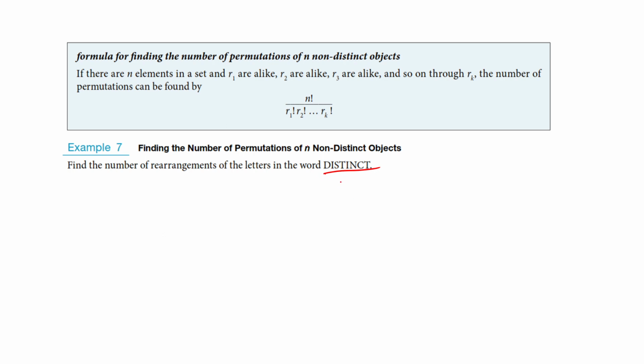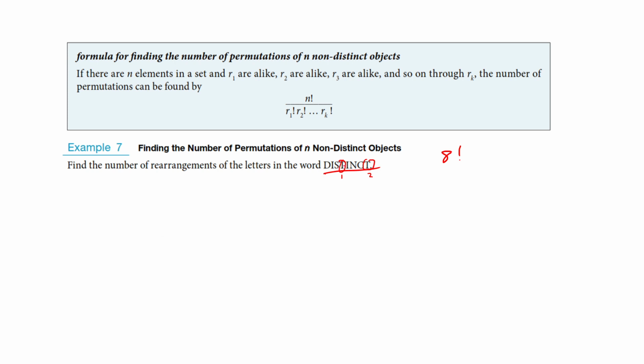Now, how many letters do we have? 1, 2, 3, 4, 5, 6, 7, 8. We have 8 letters. Okay, well, doesn't that mean 8 factorial, the ways that I could rearrange these letters? But here's the problem. Some of the letters repeat. They're not unique. If I had arranged it so this T number 1 and this T number 2 were interchanged, that creates the same word.